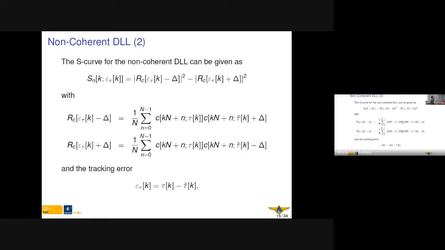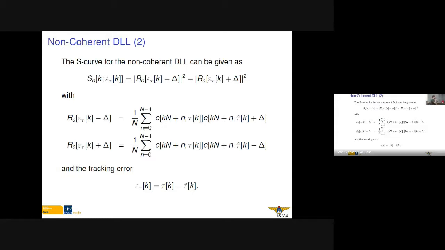And these correlations, so the early correlation is defined as 1 over N, the sum from n equals 0 to N minus 1, and then the correlation between the received signal and the model, and the model is here using the delay tau hat plus delta, and for the late correlation, we use the model with tau hat of k minus delta.